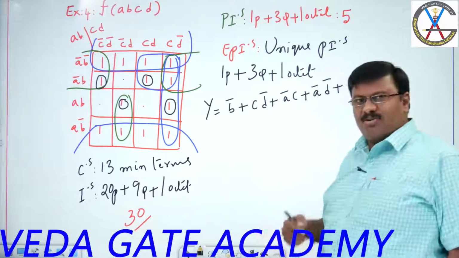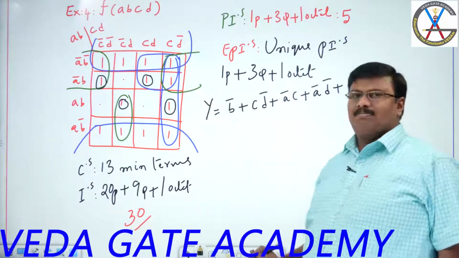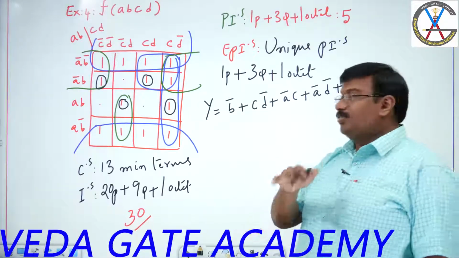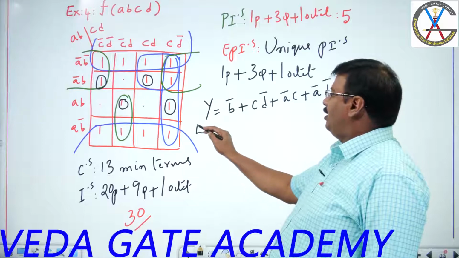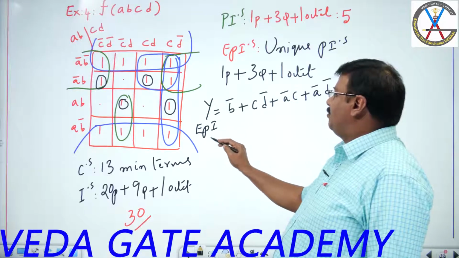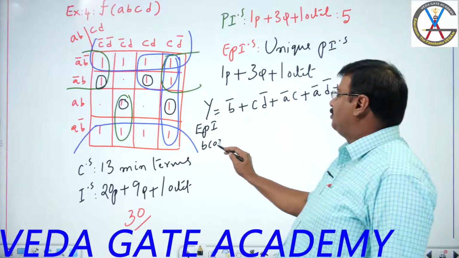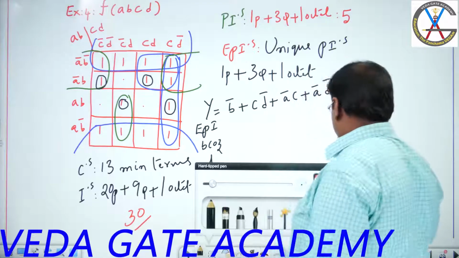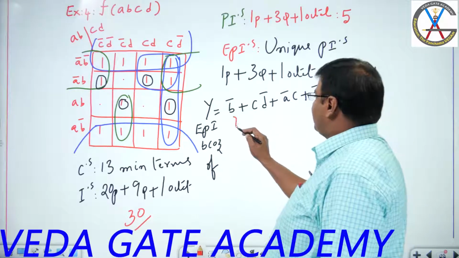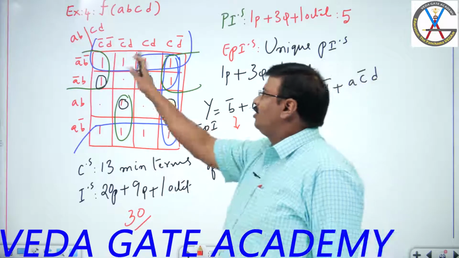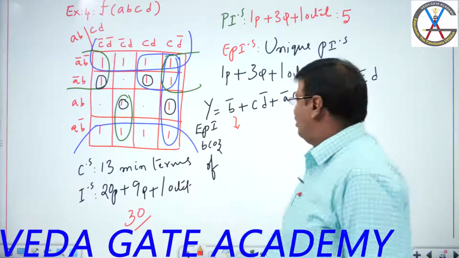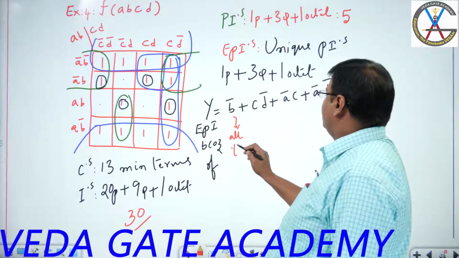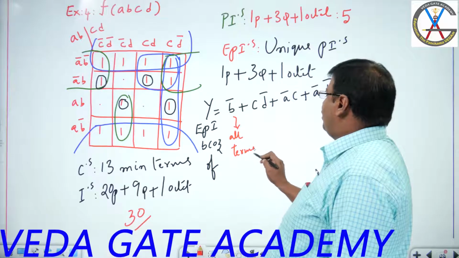Students, I want you to declare in this map which one is unique because of whom, essential because of whom, which square. So EPI, essential prime implicant because of... B bar is an essential prime implicant because of all these 4, all these 4, 8 are essential. So all terms in it are essential.